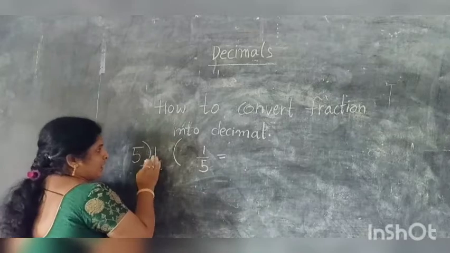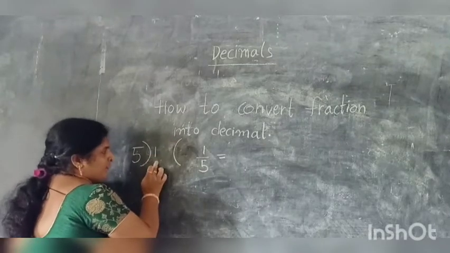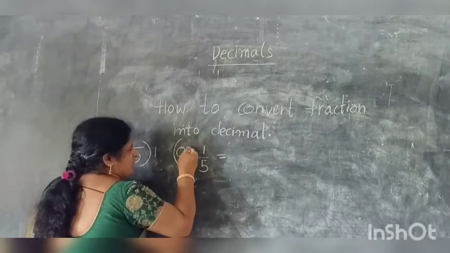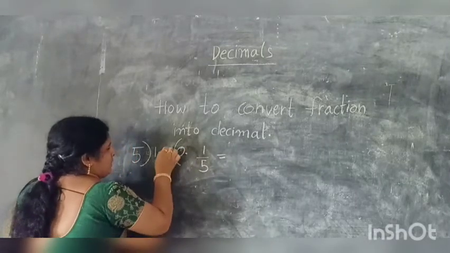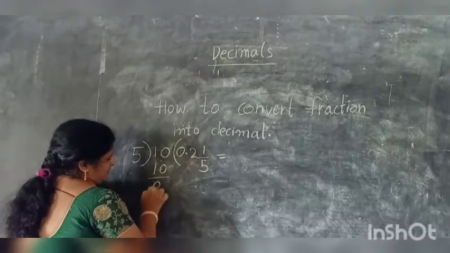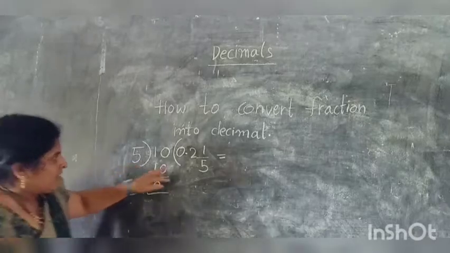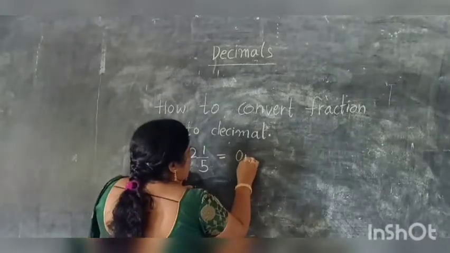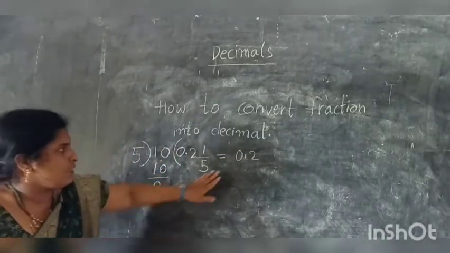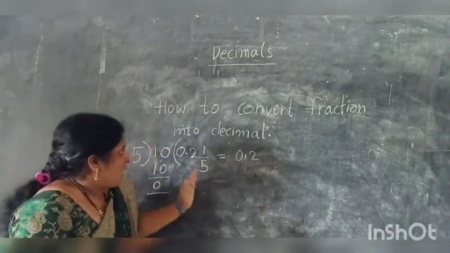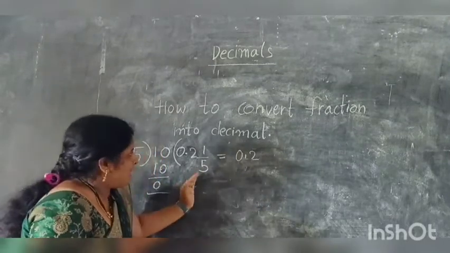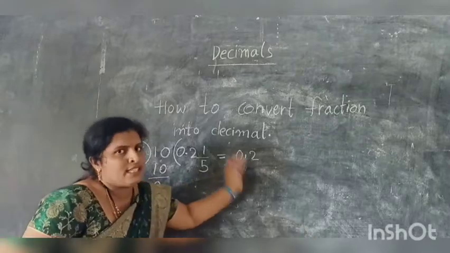Here, this number is 1, that's why you have to put 0. 5 twos are 10. 0.2 is the decimal part. 1 by 5 is converted to 0.2. That means the fraction is converted to a decimal.